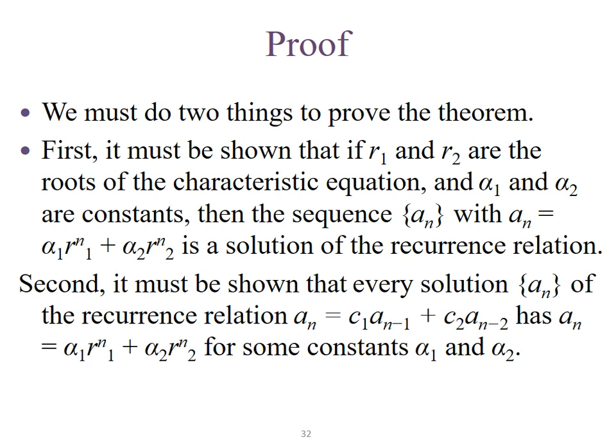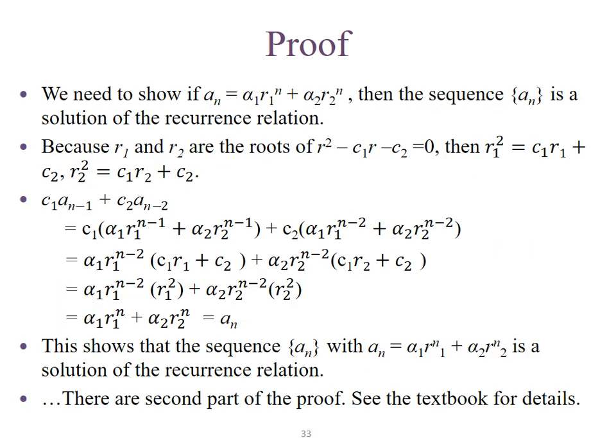Okay, so maybe we can briefly review the steps of the proof, how we prove we can use the characteristic roots as the final closed form equation. The first thing we need to show is that if a_n actually equals alpha 1 times r1 to the power of n plus alpha 2 times r2 to the power of n, then the sequence a_n is a solution of this recurrence relation.